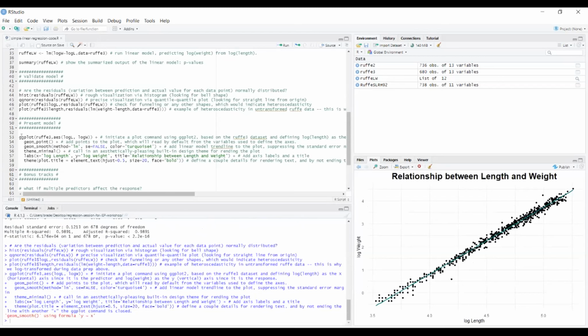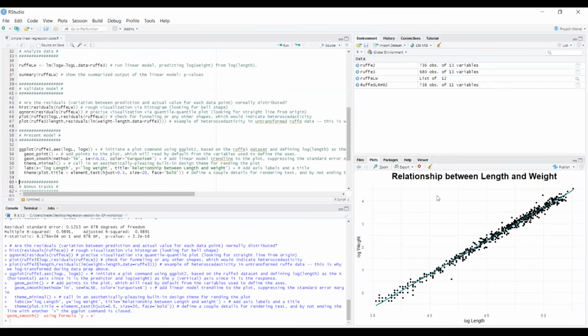So I'll run the command, and then here is a plot of the relationship between the length and weight of these rough fish, at least the log length and the log weight. And since I have log transformed the values, I've chosen not to include units, but it's good practice to include units.